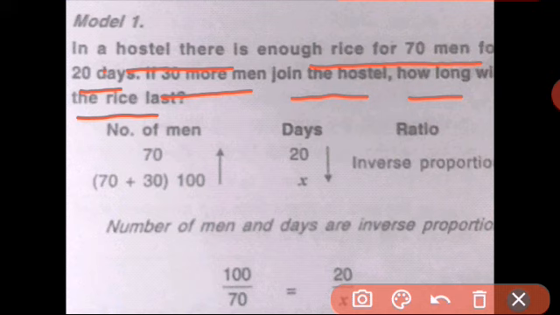If 30 more men, means 70 plus 30, that is 100 people are there, then how many days can it last? This is the question. As the number of men is increased, the rice will last for fewer days.